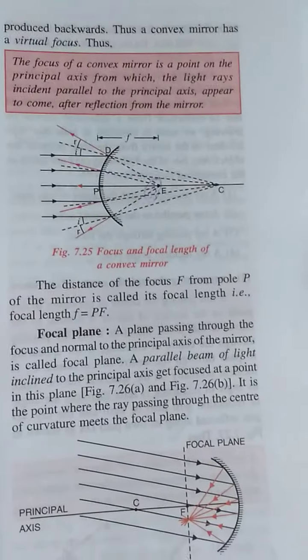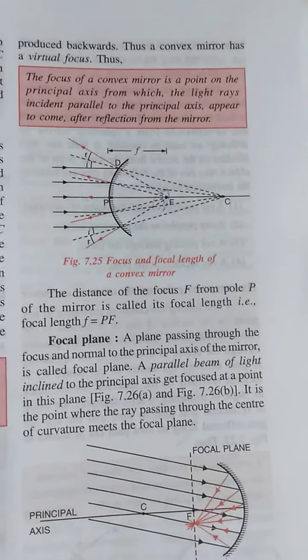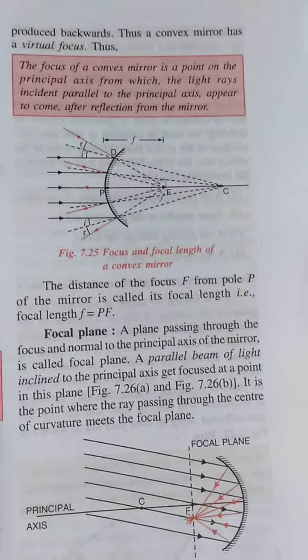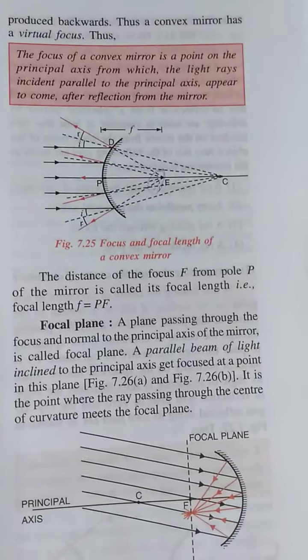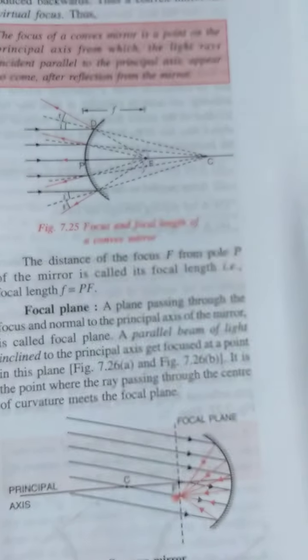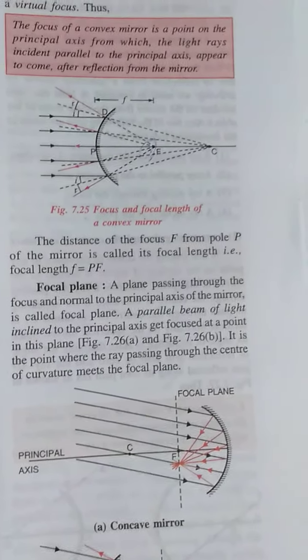So in case of convex mirror, focus is an imaginary, virtual point from which the reflected red rays appear to diverge, and we call that point the principal focus.